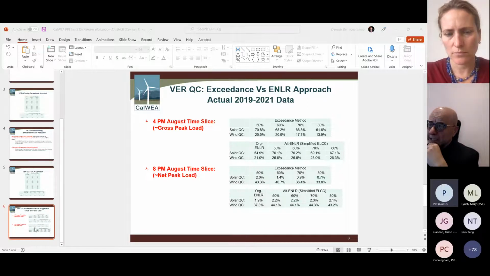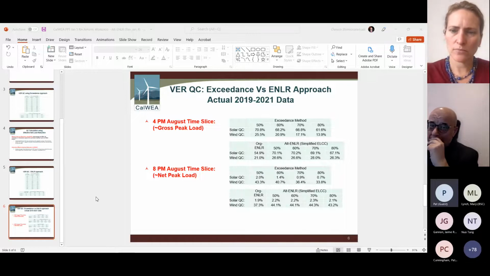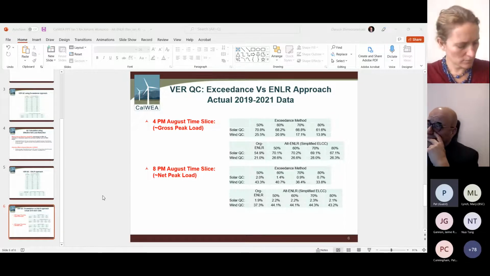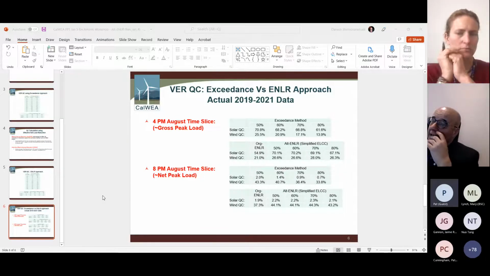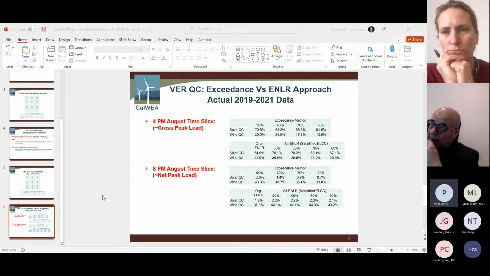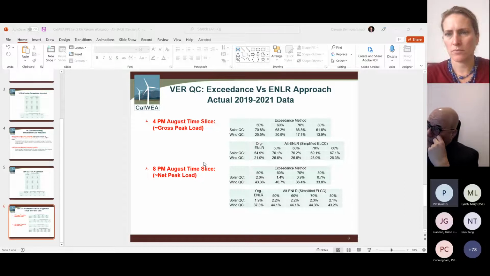But this approach is easily applicable to cases where you're looking at maybe future production, provided that you agree on a weight for them. If you look at future production and you want to just simply use exceedance, in other words, you're saying, I'm going to produce this much, but I don't know what my gross load is, and ELCC will capture that correlation.